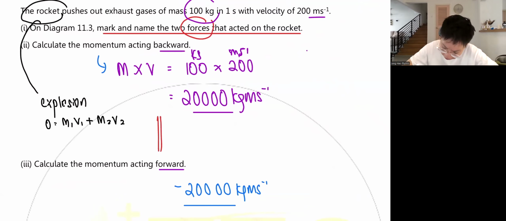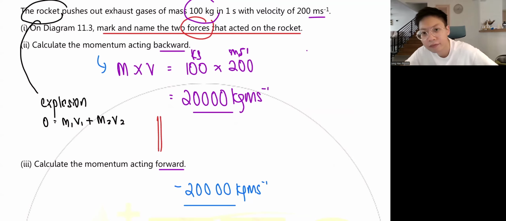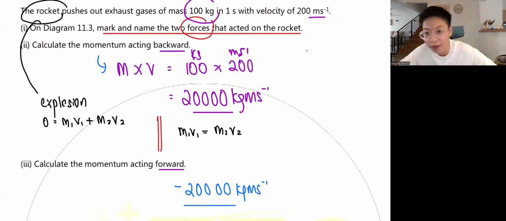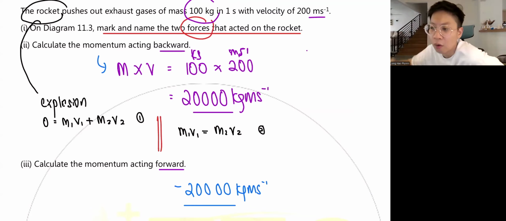Okay, guys, I am very curious. Does anybody's school teacher not teach this, but teach the other one, m1v1 equals m2v2? Anybody uses method 1, method 2? Which does your school teacher usually teach? 1 or 2?